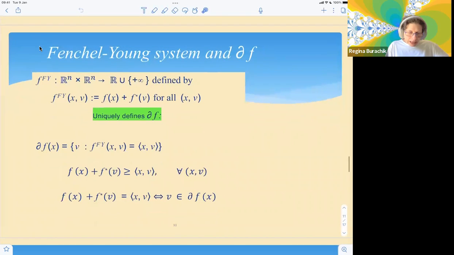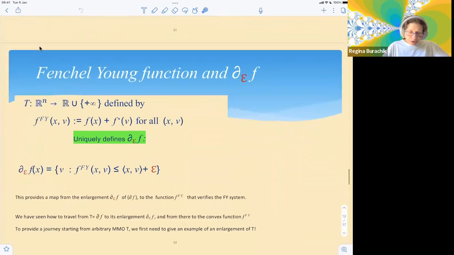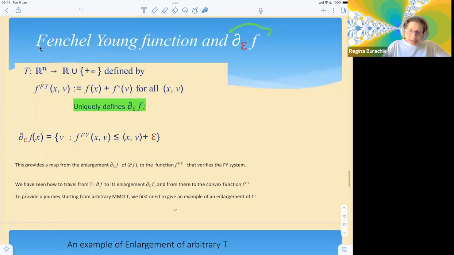Okay, so I mentioned to you before that this is the Fenchel-Young system, where equality with the scalar product holds if and only if you are in the graph of the operator. And then you can define the epsilon subdifferential just by relaxing the inequality by adding this epsilon. It gives you more slack, more flexibility, and then you have many more points that can satisfy this inequality, and those points are precisely those in the epsilon subdifferential.